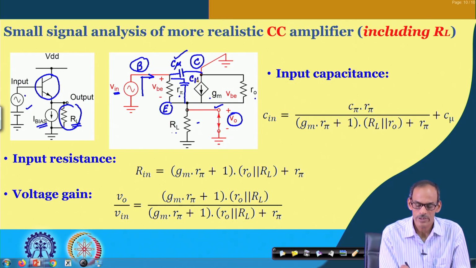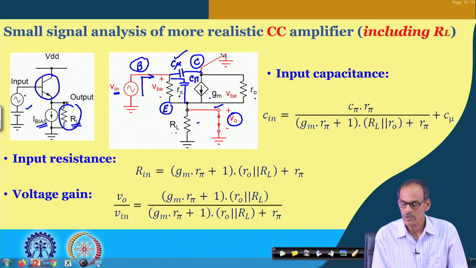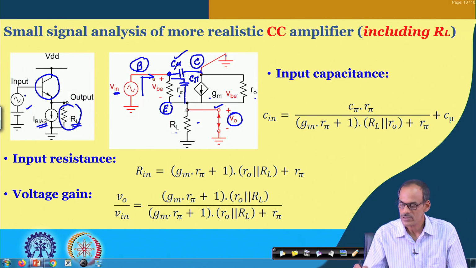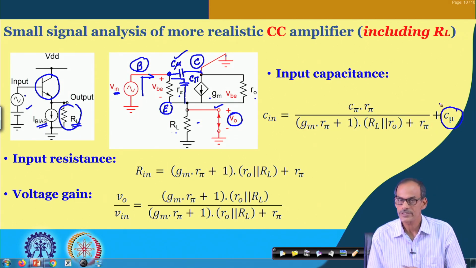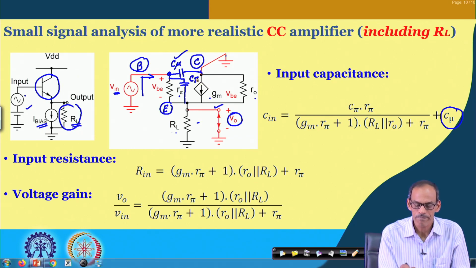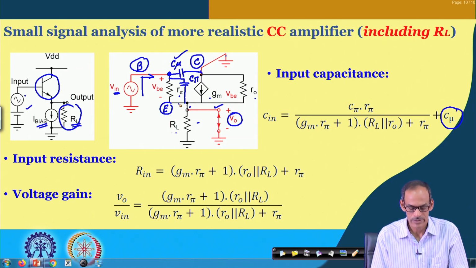What are the contributions? The right side of C mu is connected to ground, so it directly contributes to the input capacitance, as we discussed before. On the other hand, C pi makes a connection from the input to the output of this amplifier, and the gain of this circuit we have discussed.